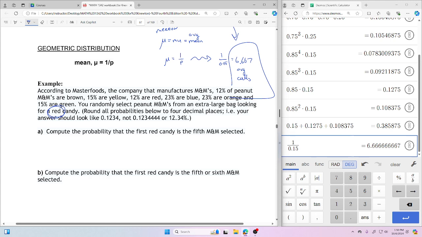Compute the probability that the first red one is the 5th M&M you get. Okay, so you pull out a blue, and you get a blue, then a brown, then a yellow, then you get a red, right? Isn't that how that works? 4 failures, then 1 success.